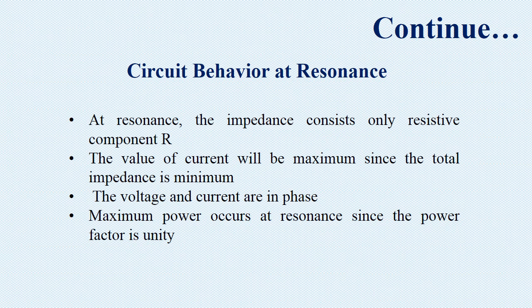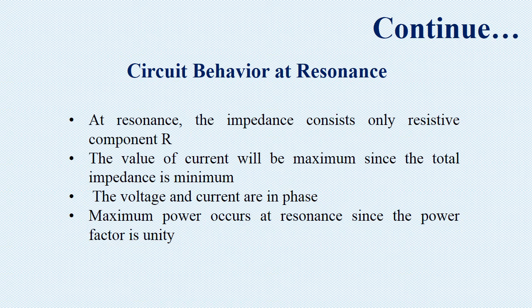So we have learned that resonance in the circuit occurs when the inductive reactance equals the capacitive reactance. When both reactances are equal, they cancel out each other's effect, and we have only the resistive component, meaning the impedance of the circuit will be at a minimum, and so the current will be maximum at the resonance point.